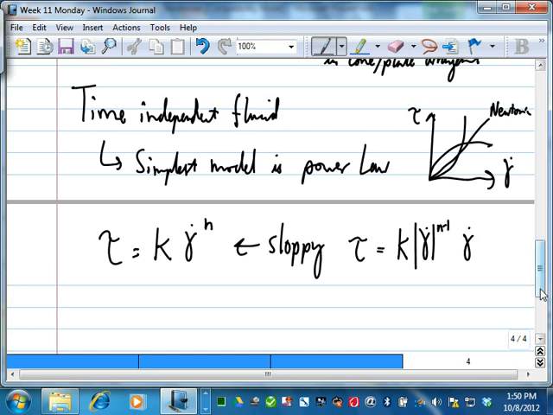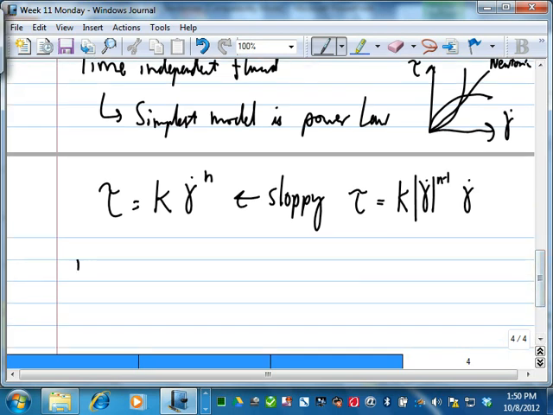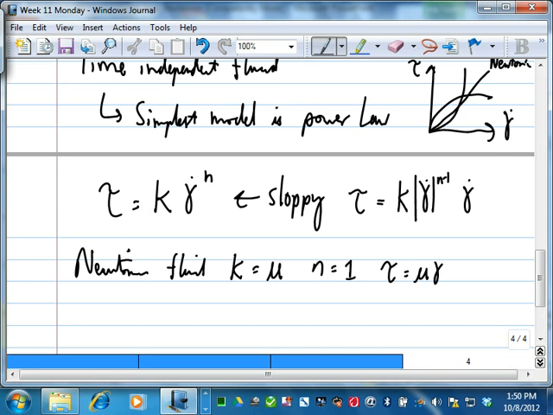For a Newtonian fluid, K is equal to mu and n is equal to 1. Is that right? So therefore shear stress is equal to mu du/dy.